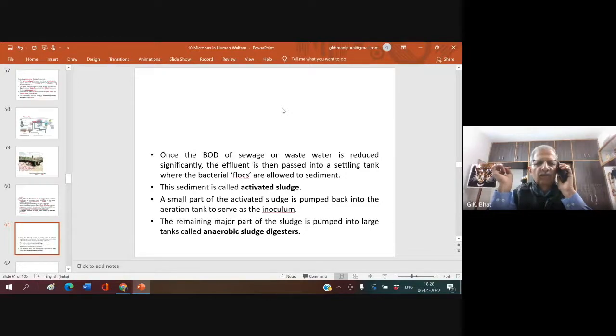Coming to this, once the BOD of sewage or wastewater is reduced significantly, the effluent is then passed into a settling tank where the bacterial flocks are allowed to sediment.